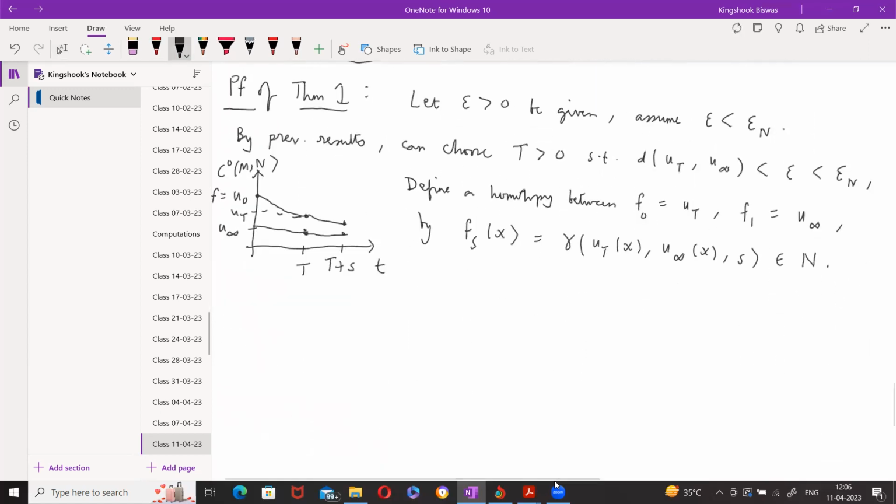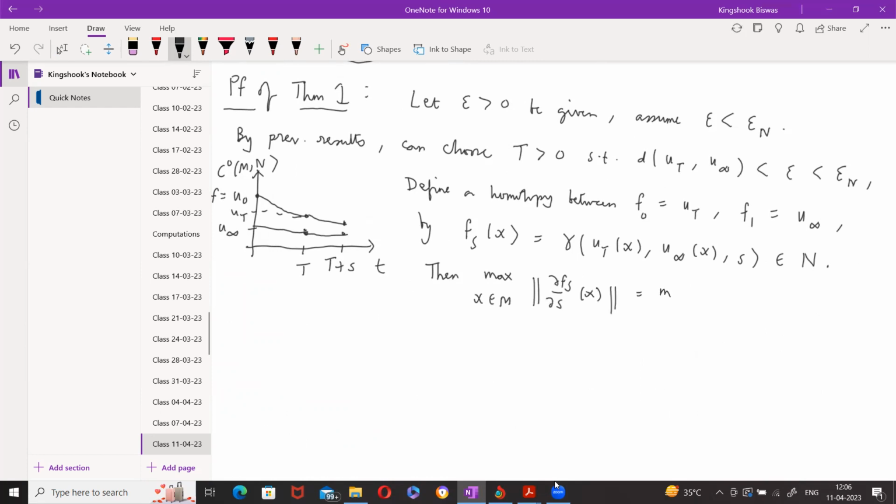Okay, so then what is the maximum speed of this homotopy? So the max over x in M of the norm of ∂F_s/∂s of x.